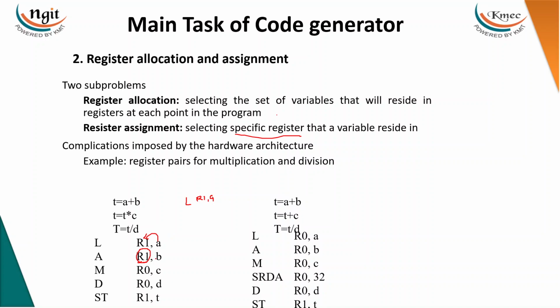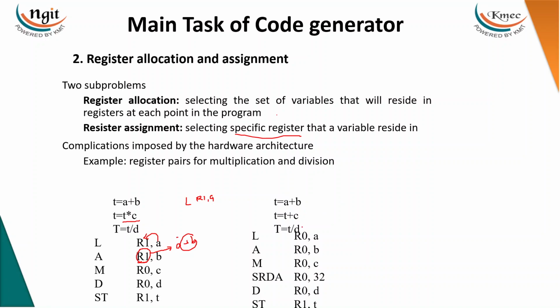Then you add A and B, but this R1 has the result of A plus B. In the next instruction, we are not using that result, A or B, so we have to take C into another register, so that next we can perform the multiplication of R0 and C. You cannot change this R0 because we are multiplying it with C. So we need two registers. Like that, you have to find the minimum number of registers required to execute it.